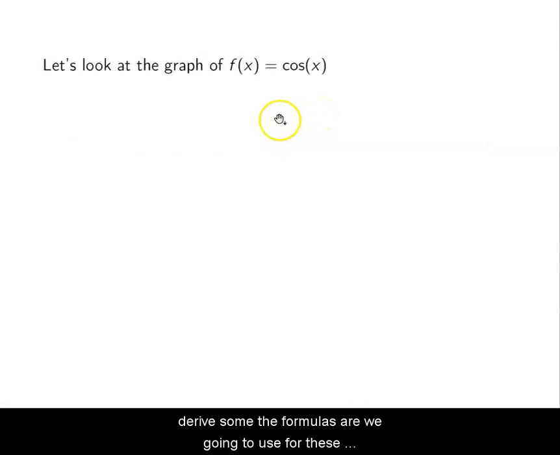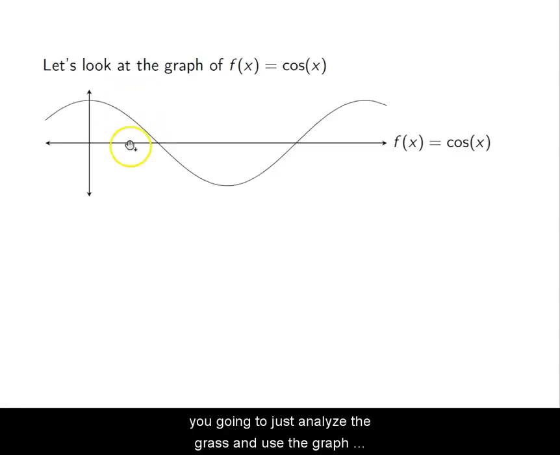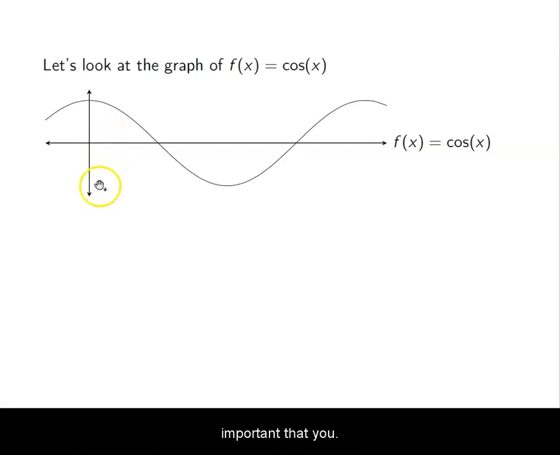Okay, so in order to get our derivatives for cosine and sine, instead of using the limit definitions like the last few times, we are going to just analyze the graphs. We're going to use the graph of cosine. If you remember, at the beginning I said it's very important that you memorize what the graphs of cosine and sine look like.